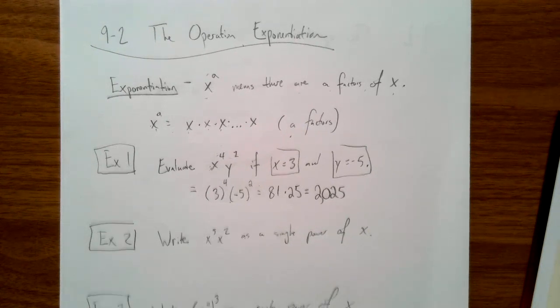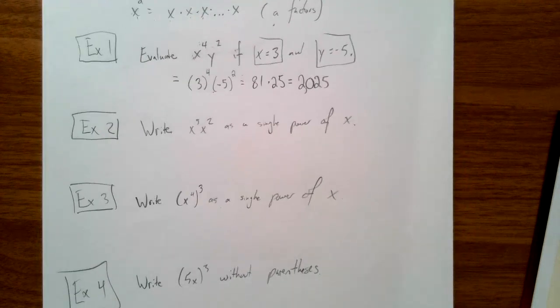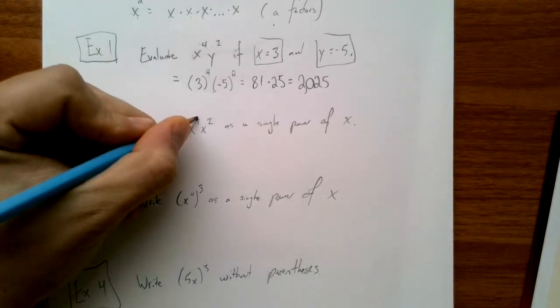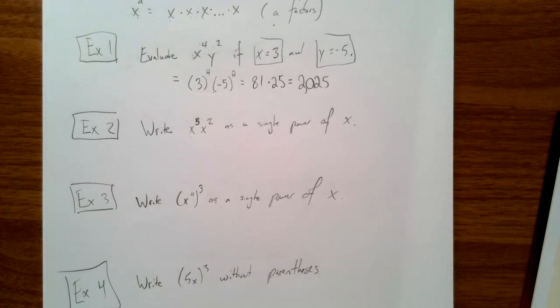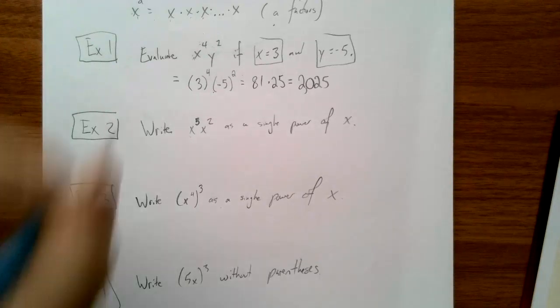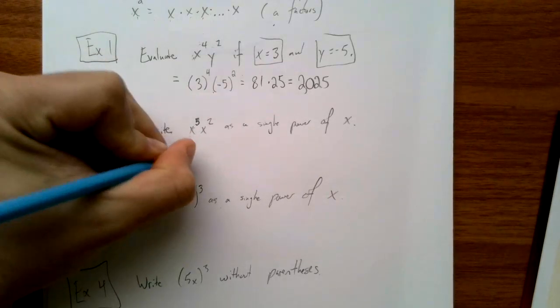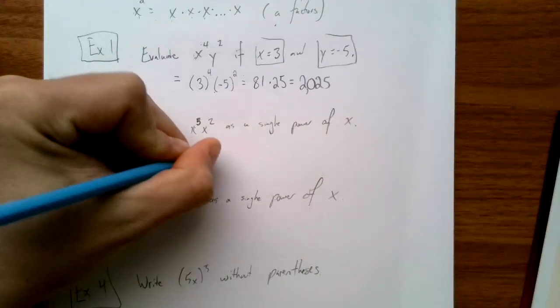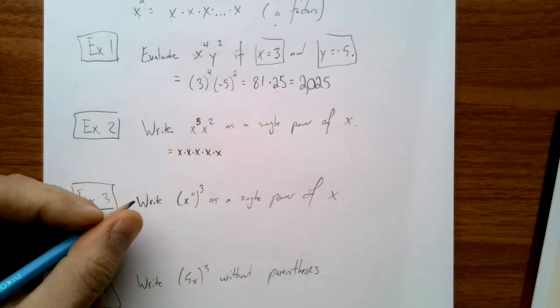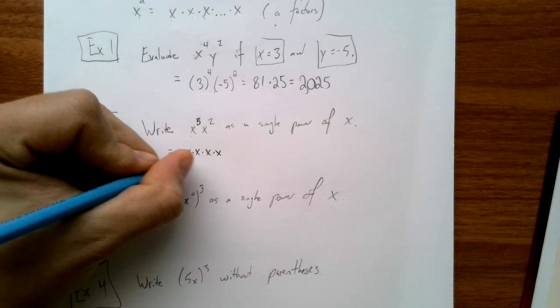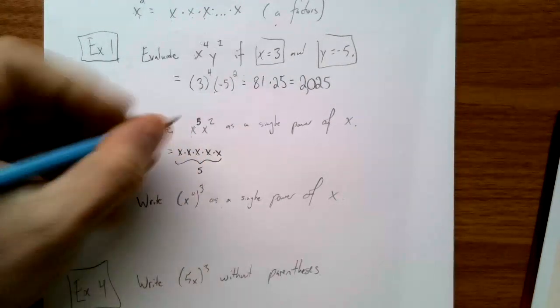All right, moving on. We're being asked to take this algebraic expression, x to the 5th power multiplied by x to the 2nd power, and express this as a single power of x. So x to the 5th power means we have 5 factors of x. Right, so we have 5 right here.